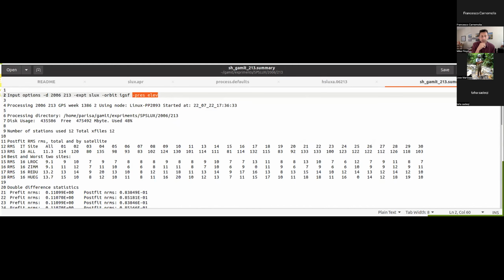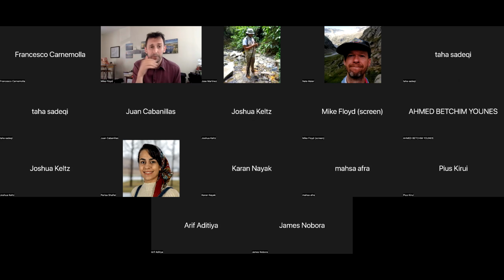Good. Just bear in mind what we said yesterday or the day before as well: you're comparing Gypsy processing with gamut processing, and we have quite different weighting schemes for the data as a function of elevation. Gypsy is far more aggressive about including the low elevation data, whereas gamut is a little more conservative.